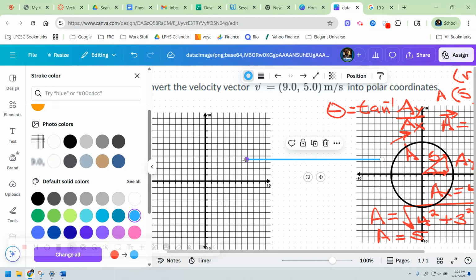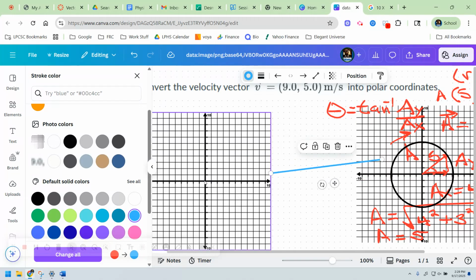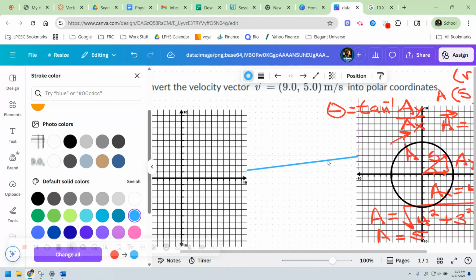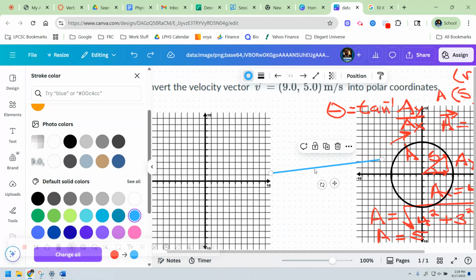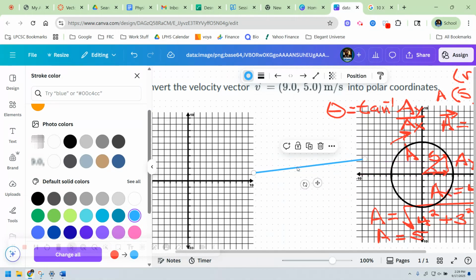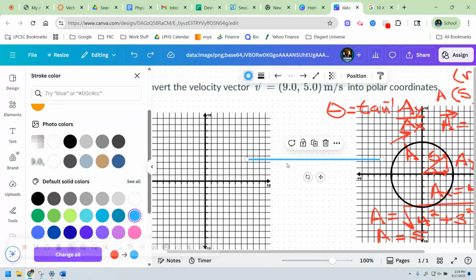So I'm going to put this at the origin. So I'm going to go 9, but then I'm going to go up 1, 2, 3, 4, 5.